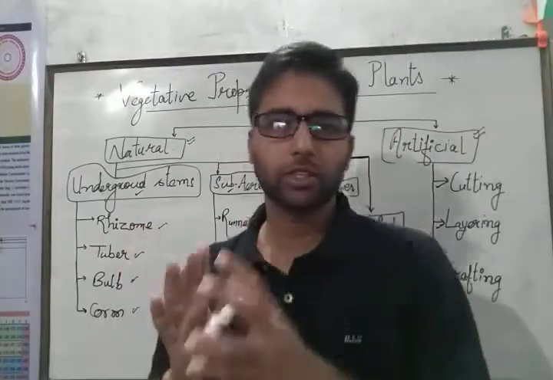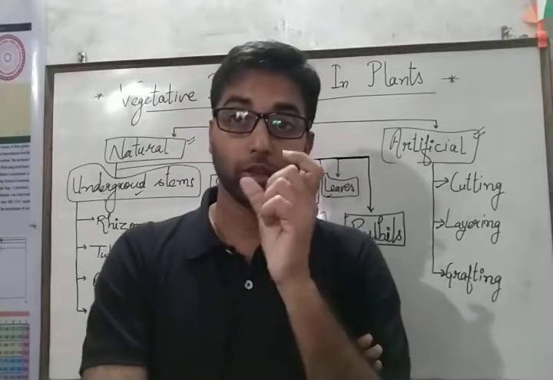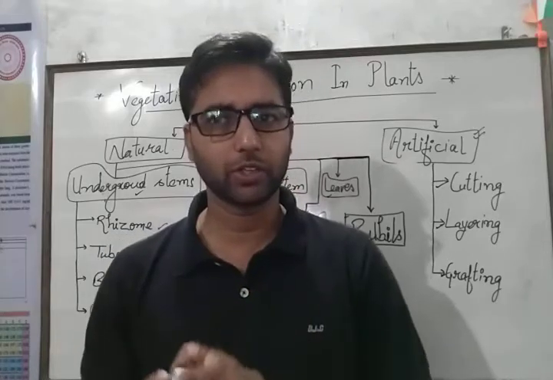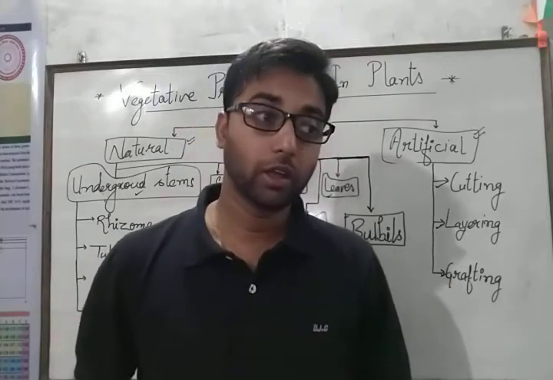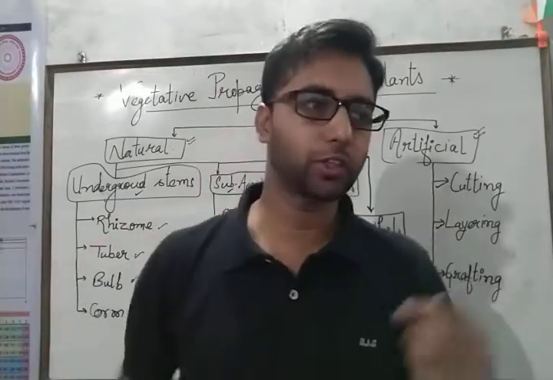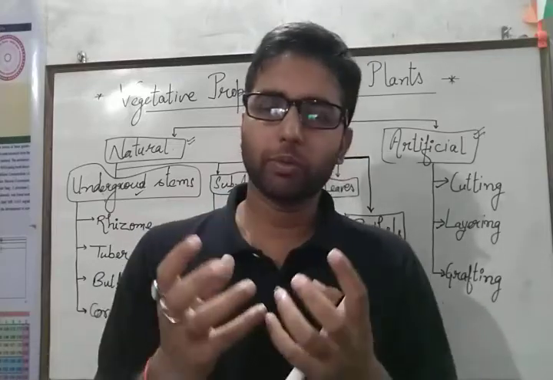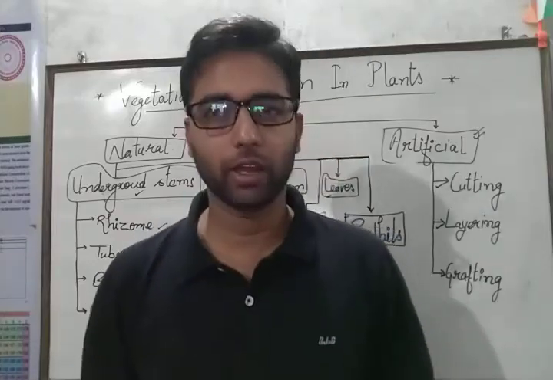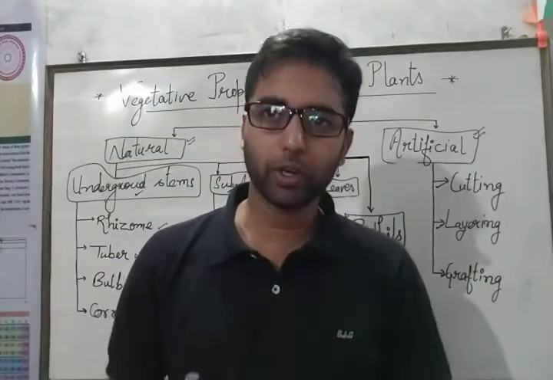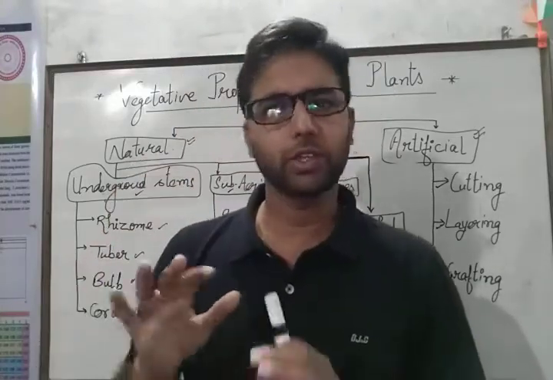What is vegetative reproduction or vegetative propagation? Vegetative propagation simply stands for reproduction other than through specialized structures, that is spore or fission or bud. These types of structures are not involved at all. Only the vegetative part, not the reproductive part, of the plant is involved.